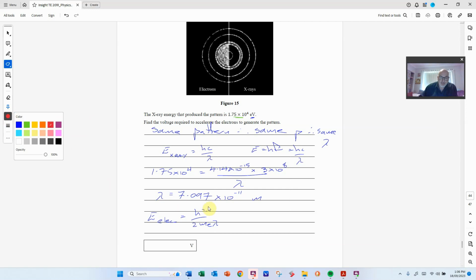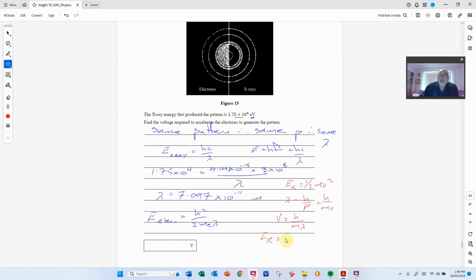We know that the KE of matter is a half mv squared. We also know that the de Broglie wavelength is equal to h over p, which is equal to h over mv. So we can rearrange it and we get v equals h over m lambda.